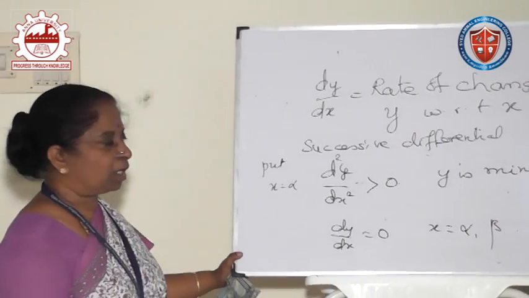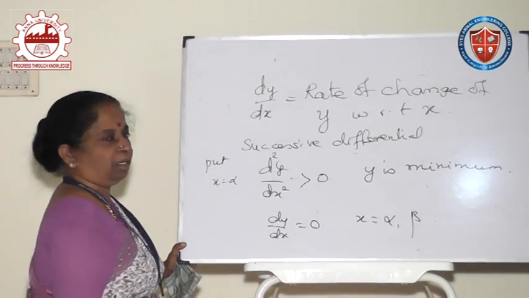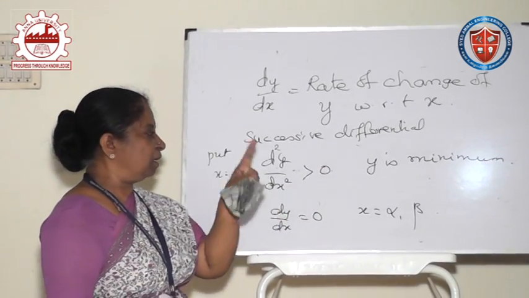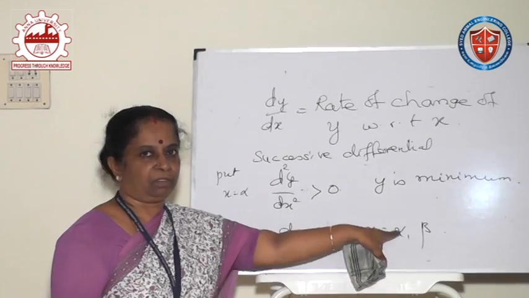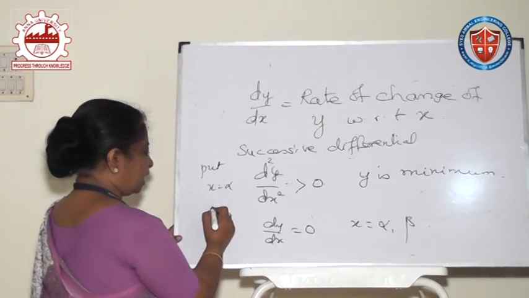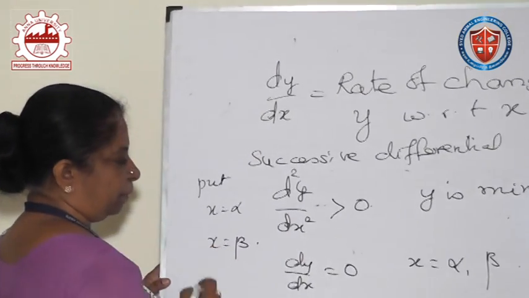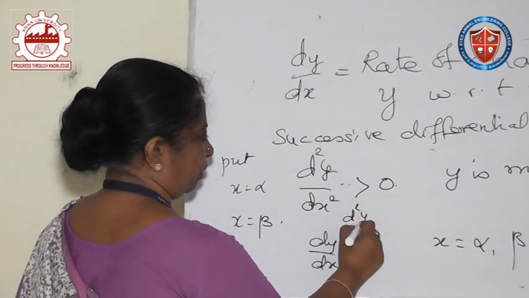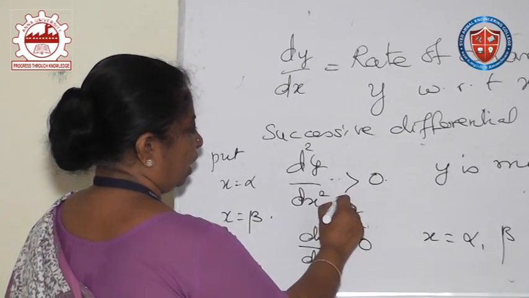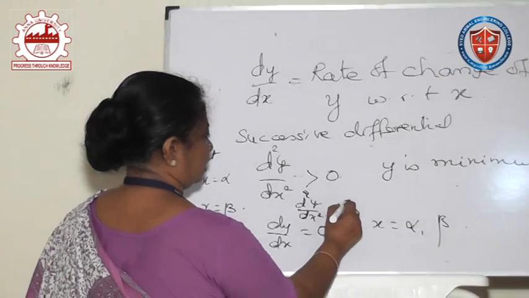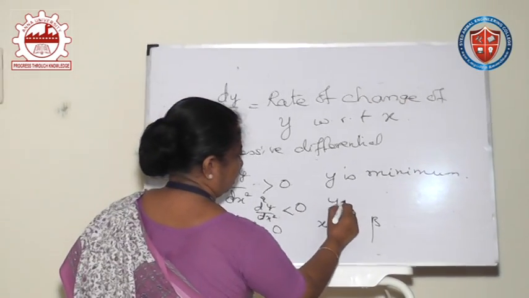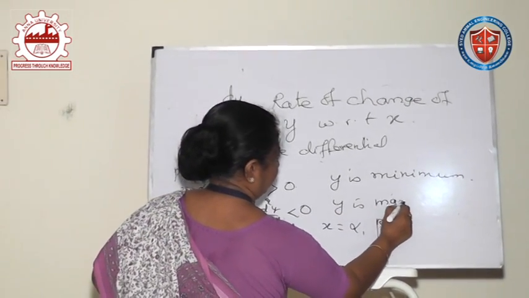That means whatever function I have taken is a minimum function when I substitute x equal to alpha. Suppose x is equal to beta, and I get my d square y by dx square result less than 0, then I decide y is maximum.